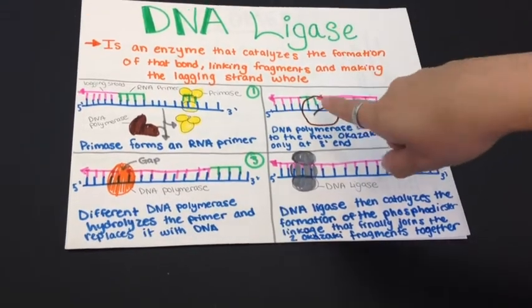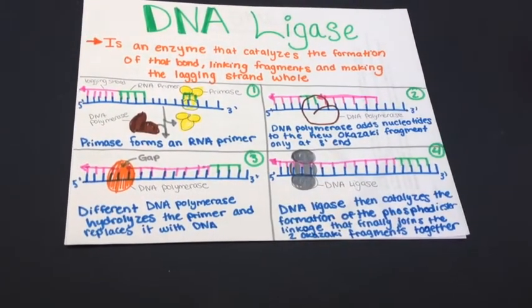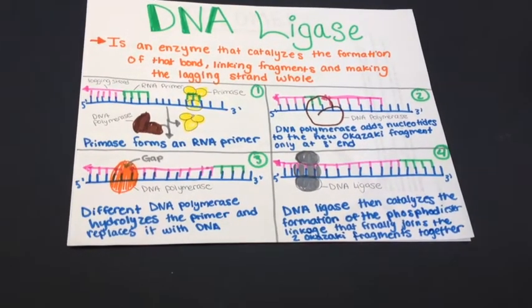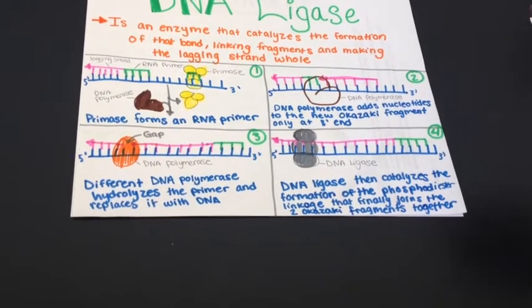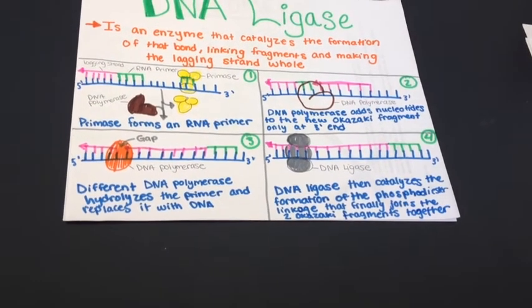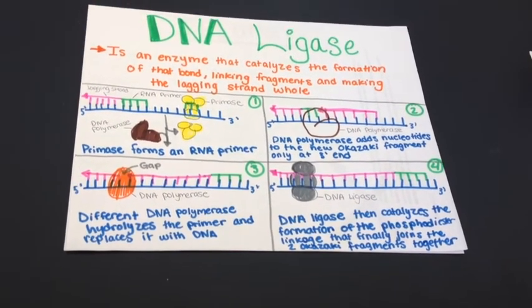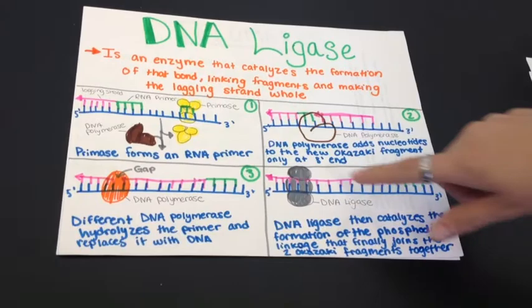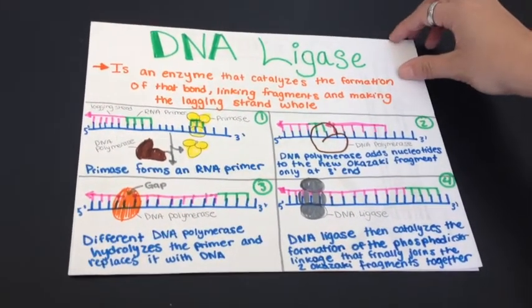Then DNA polymerase hydrolyzes the primer and replaces it with DNA, as in right here. And finally, DNA ligase will catalyze the formation of the phosphodiester linkage that joins the two Okazaki fragments together, as in here, making it one whole strand instead of different segments.